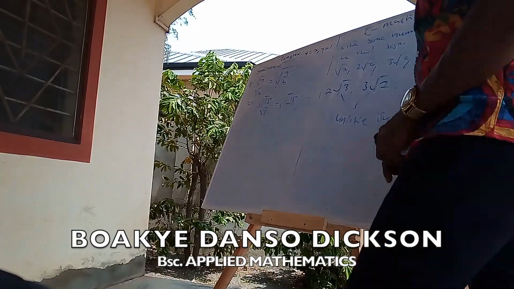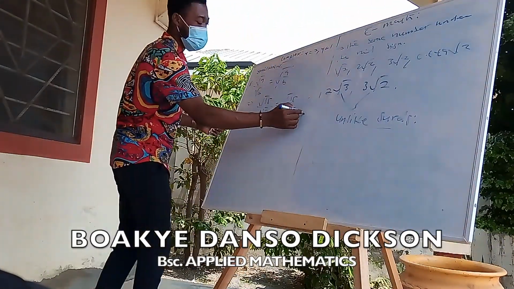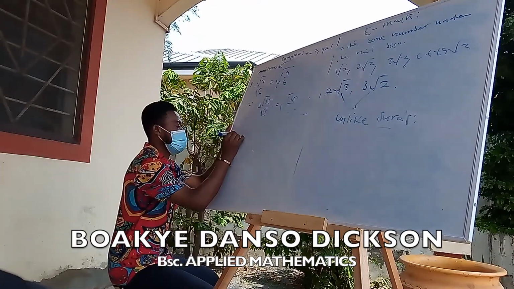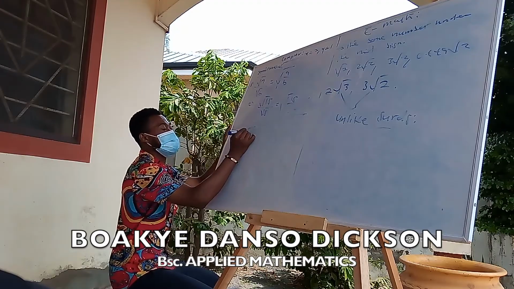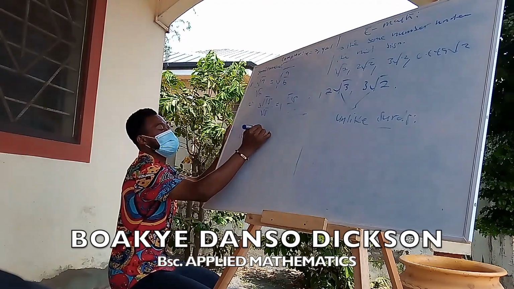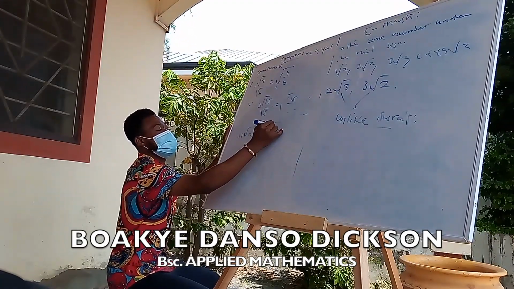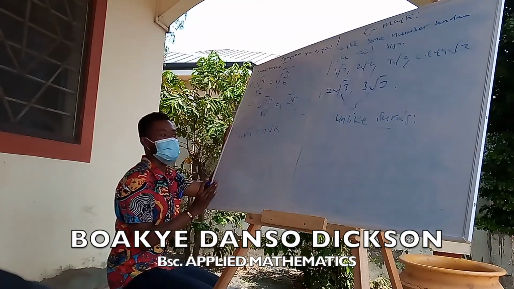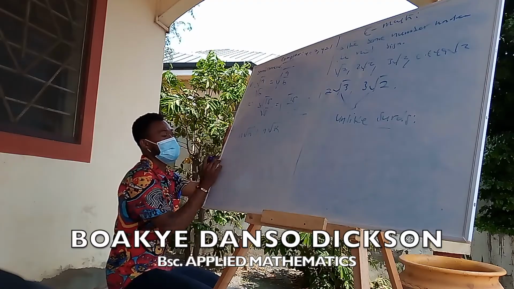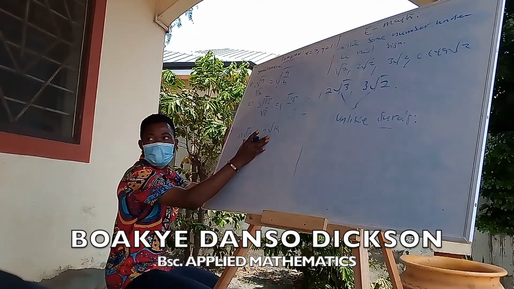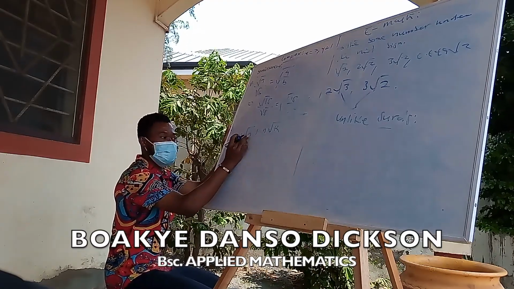Good. Now the first example is if you have m√k multiplied by n√k. These are sets that are alike, right? Because they have the same values.